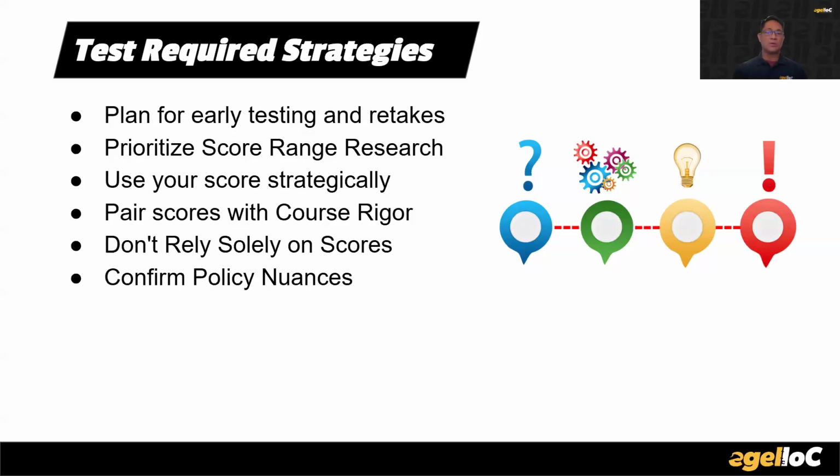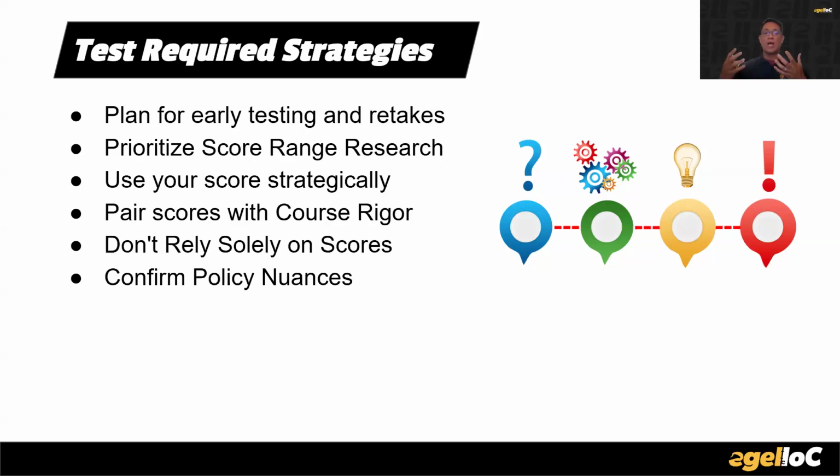You want to apply to schools where your score is at least in the top half of that range. Now, ideally, you want to be above the 75th percentile to really have a competitive edge within the range. Okay. So that's really important that you prioritize researching your score range, especially for those who are test required.